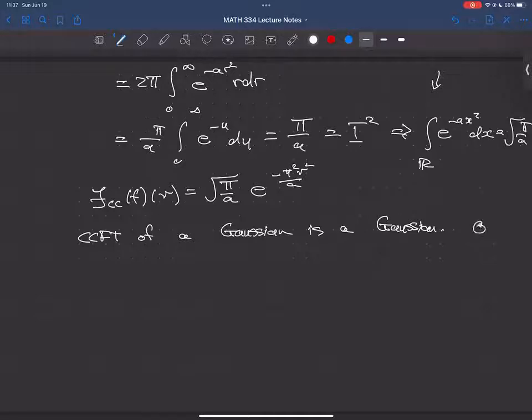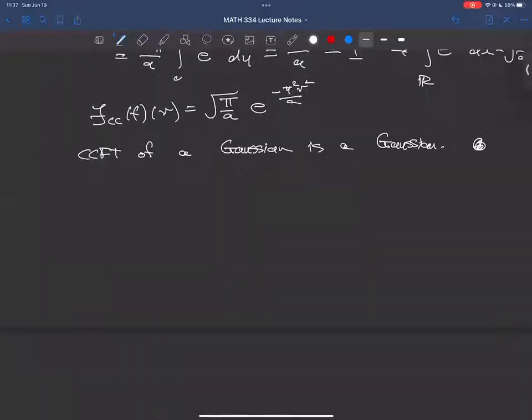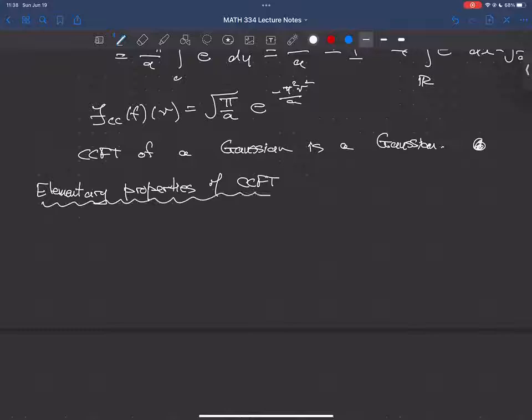Okay, so there's my little list of examples. Then there are elementary properties of the CCFT. I'm not going to state these. I'm just going to refer to the statements I gave for the CDFT because they're exactly the same.